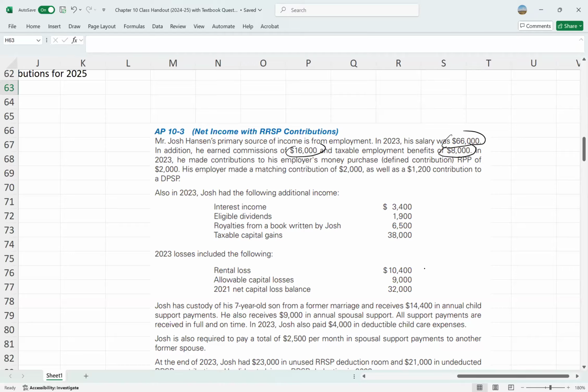He also put money into company RPP, 2,000. His employer also put 2,000 in as well. And then his employer also made a $1,200 contribution to a DPSP.